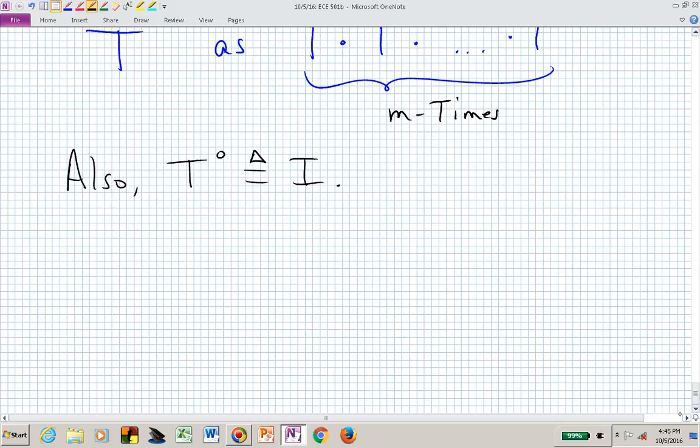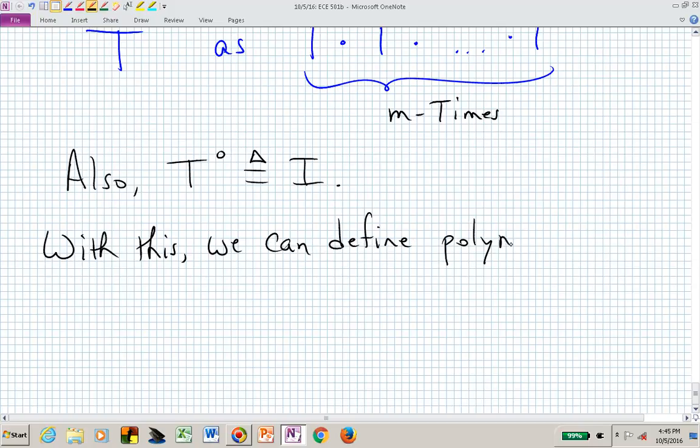And now that we have these powers of linear operators, we can start associating those essentially with polynomials. With this, we can define polynomials of operators.